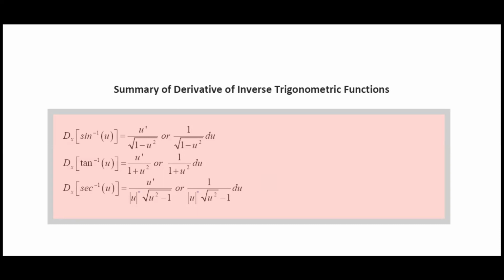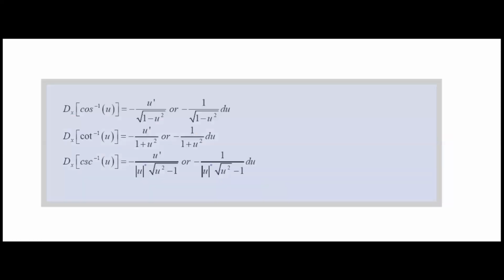Now we want to do one thing further. And we're not going to derive these. It's just almost a freebie. We're just going to share those with you. And that is the derivative of the inverse cofunctions. In other words, inverse cosine, inverse cotangent, inverse cosecant. Okay.